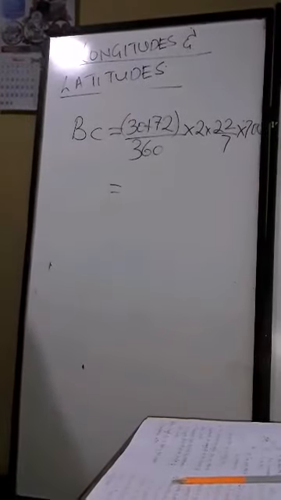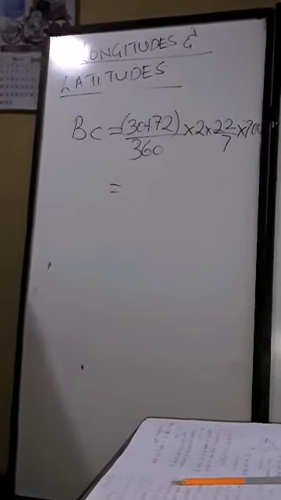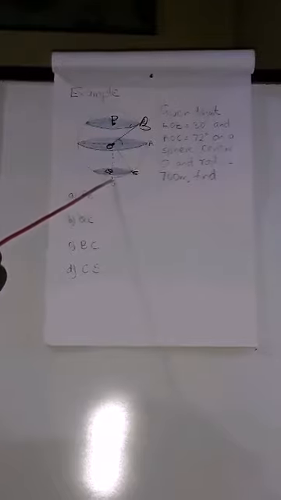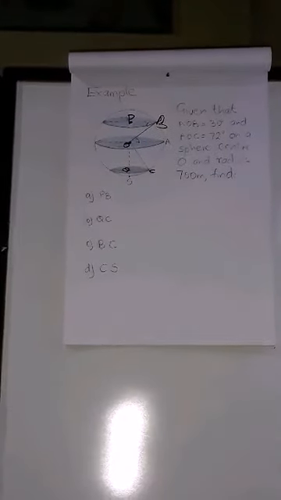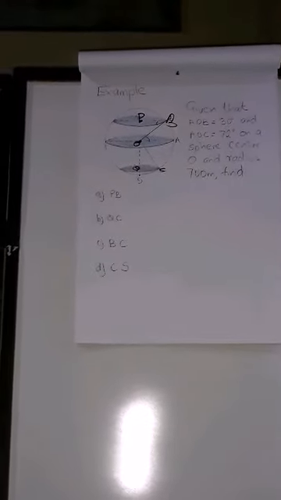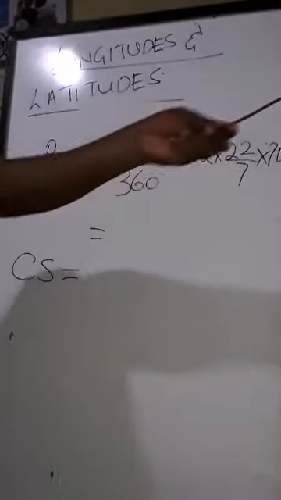What about CS? CS is a pole. So arc length CS, what angle does it subtend at the center?